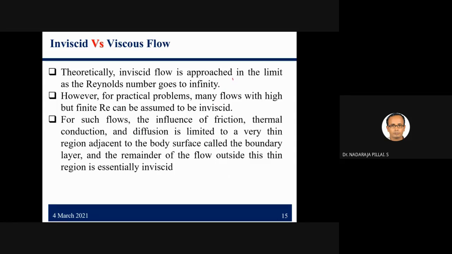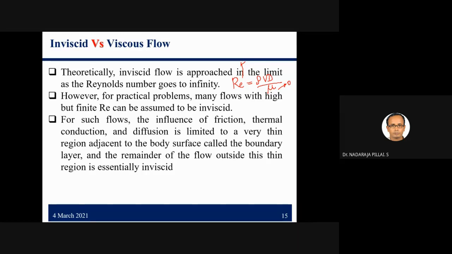So what is a Reynolds number? The Reynolds number can be defined as rho V d by mu, where mu becomes 0 when the Reynolds number goes to infinity. However, in most practical problems, many flows with high and finite Reynolds number can also be assumed as inviscid flow, right?